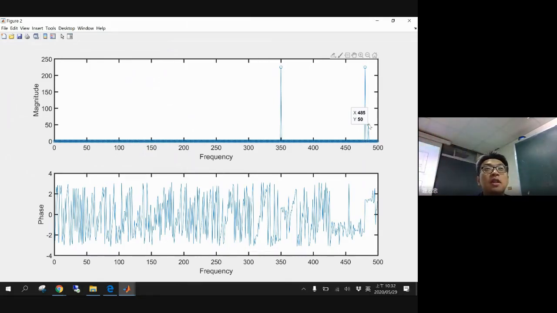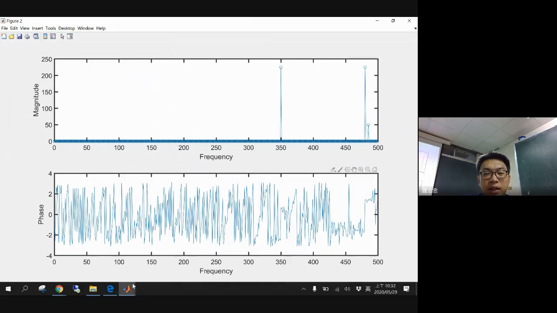But if it is only 500 hertz, I mean with downsampling, the most I can see is up to 250. So maybe this one cannot be seen anymore. This is the problem of downsampling.